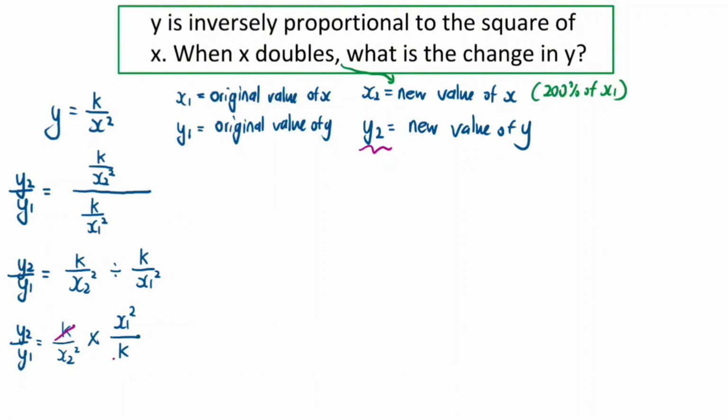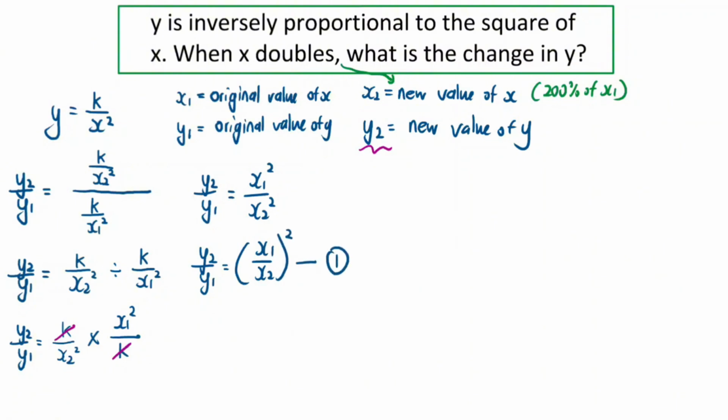So therefore, we can cancel this off. And this simplifies into y2 over y1 equals x1 squared over x2 squared. And then I'm going to write this as y2 over y1 equals (x1 over x2) squared. And I call this equation 1.